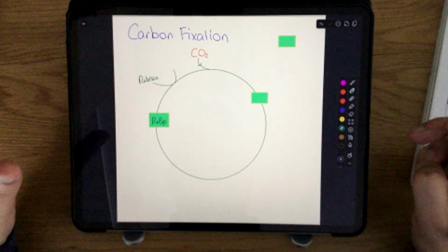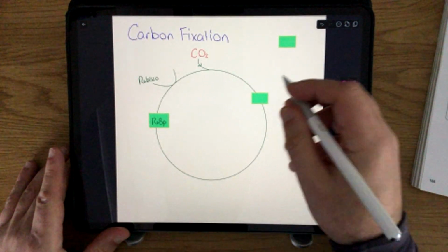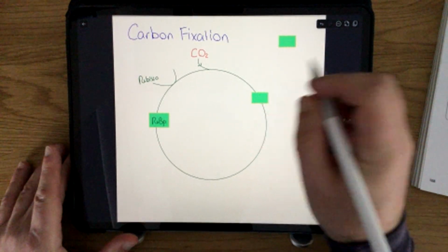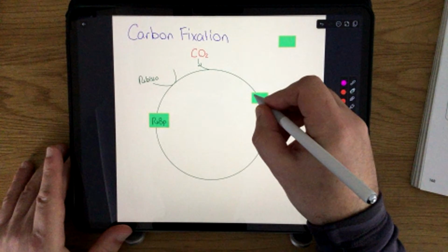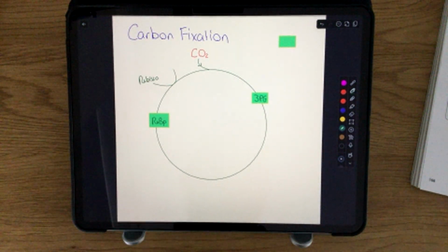Under the guide of the enzyme Rubisco, what we get is the molecule. Don't fixate on the proper terminology for it. At this point in time, just call it 3PG, right?